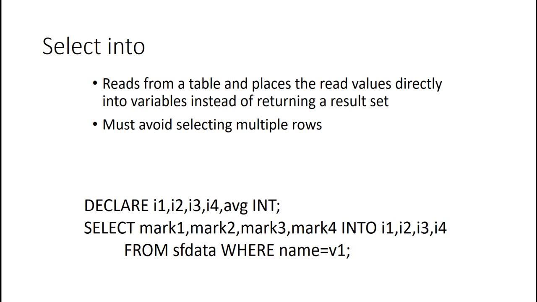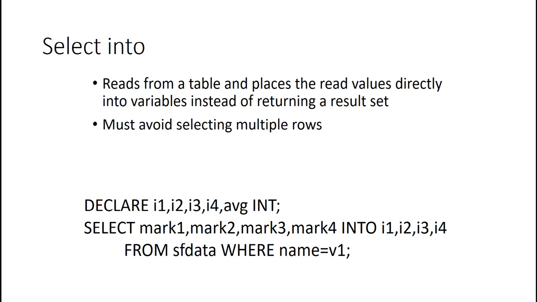I have variables called I1, I2, I3, and I4. They happen to be integers. And a variable called average, which is, these are all of type int. And then I do a select onto things called mark 1, mark 2, mark 3, mark 4. Those are presumably columns. I have columns called mark 1, 2, 3, and 4.